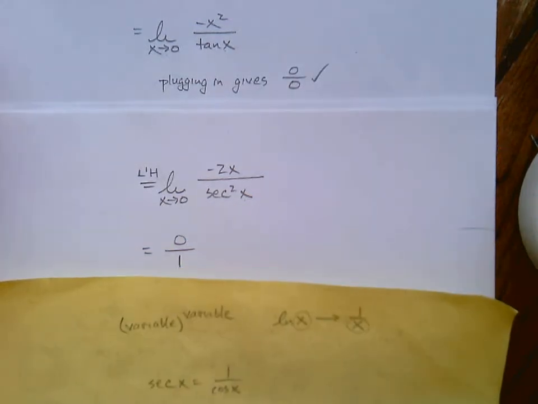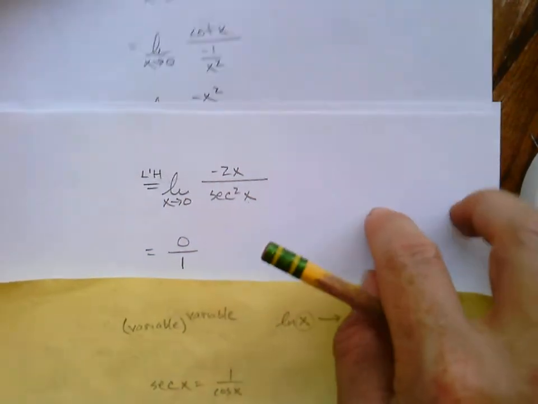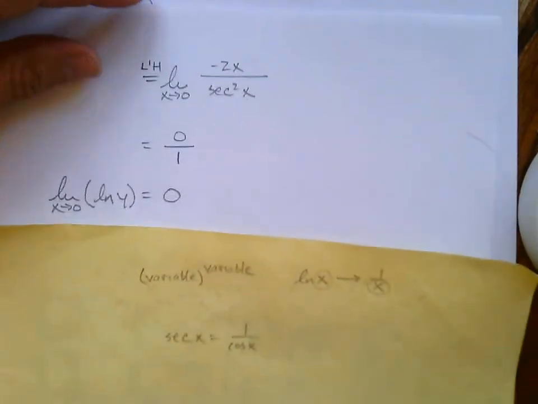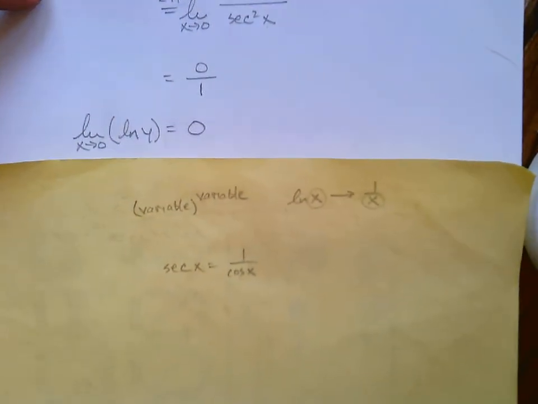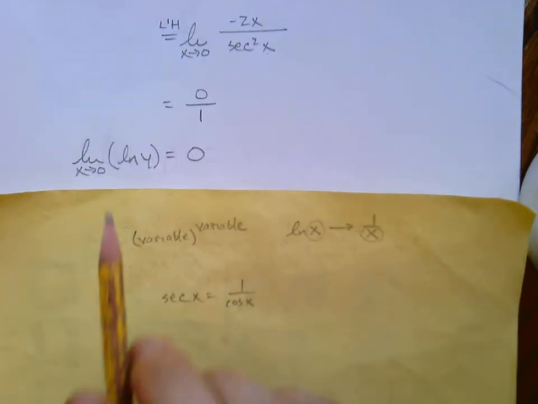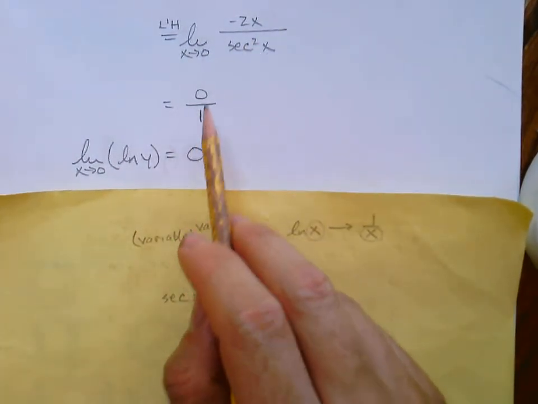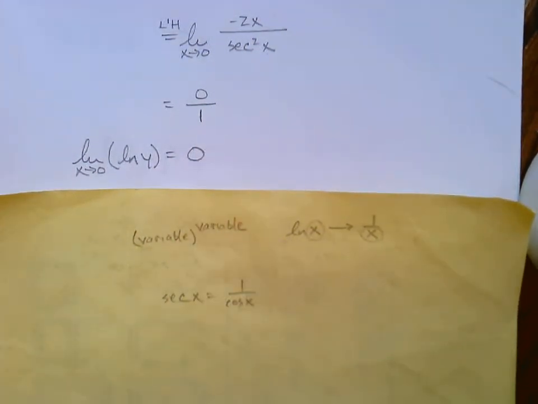So that denominator comes out to be 1. All right. So we got 0 over 1, and well, we know that is just going to be 0.